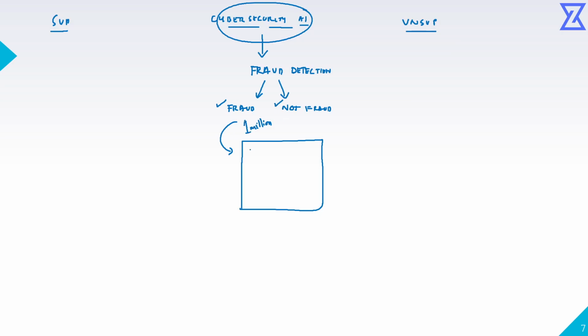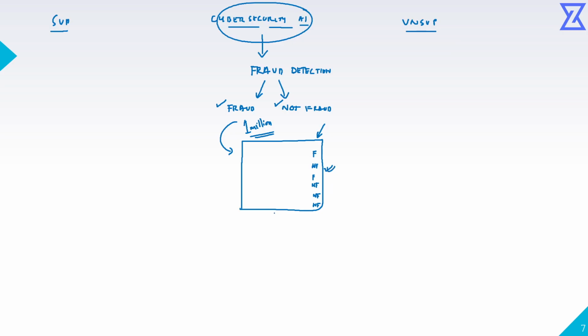The data team has given you 1 million transactions. Now, in the 1 million transactions, if you are lucky enough, you will get a column which says whether that transaction is fraud or not fraud, fraud, not fraud, not fraud, something like that.